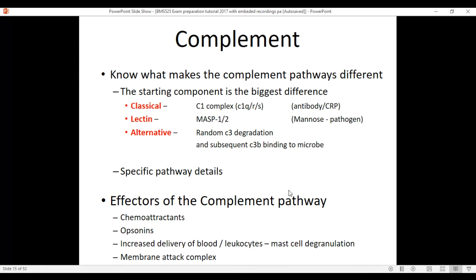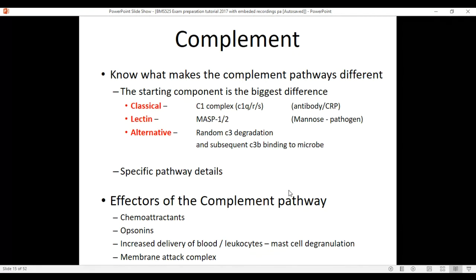Okay, so name them, be able to tell me how they mediate their effects, and lastly, tell me how they result in a symptom. Okay, symptom, for instance, bradykinin stimulates nerve endings, which cause that sensation of pain. Okay, that's just one example.